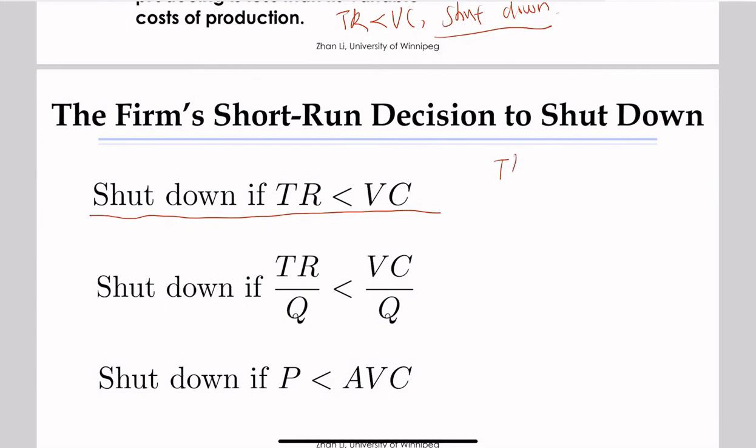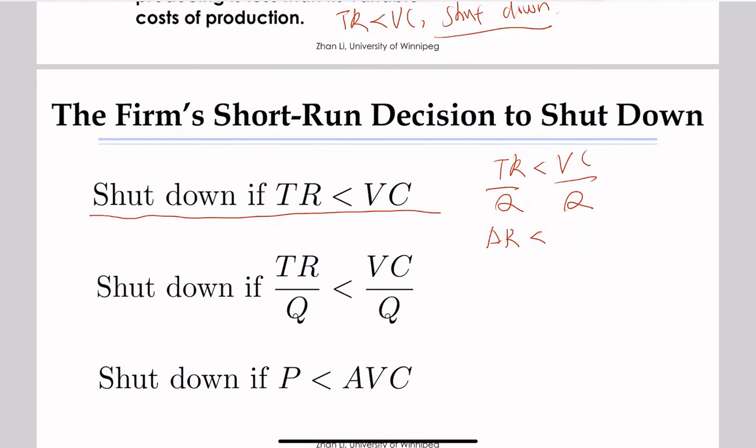So if total revenue is smaller than variable cost, then we can divide the two sides of this inequality by quantity, right? And what is total revenue divided by Q? It's just average revenue, right? Now, what is variable cost divided by Q?